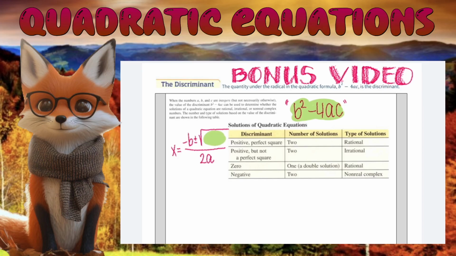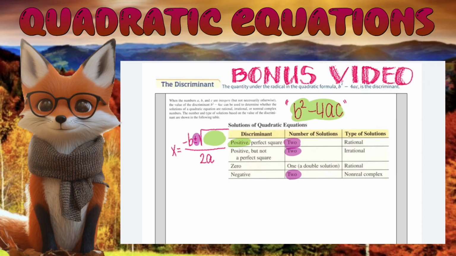Whatever's under here, if that part is positive, we will have two solutions. Why two solutions? Because of that plus minus. Same over here, two solutions.